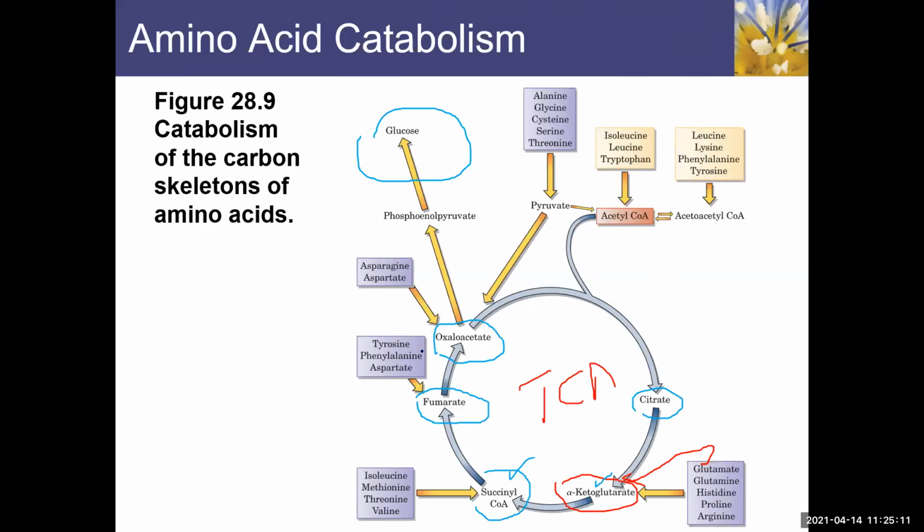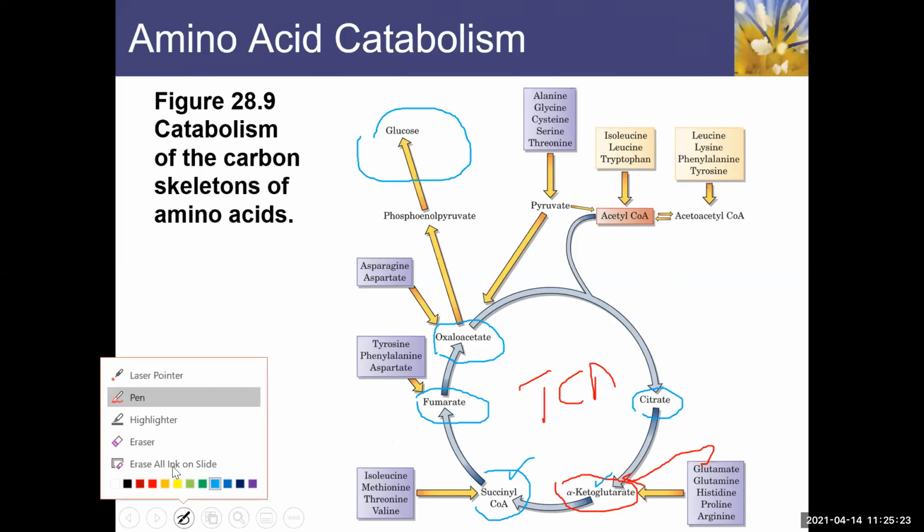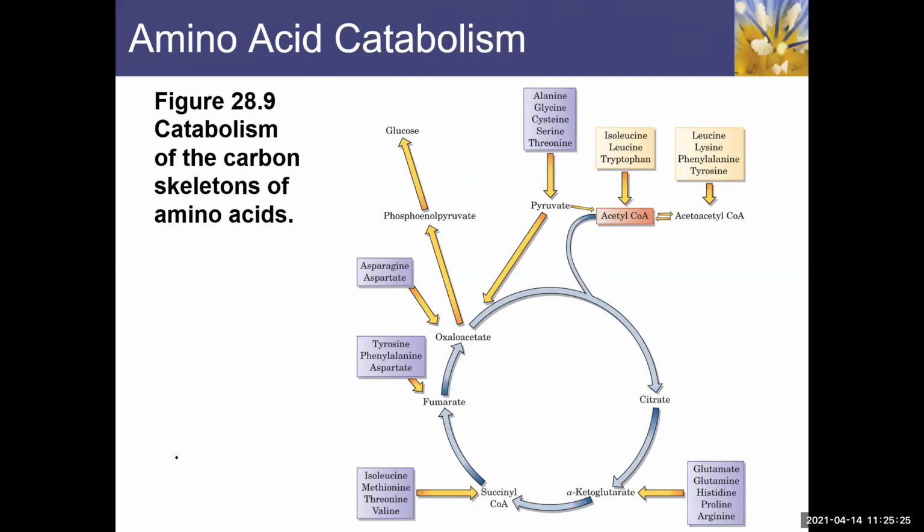That means if you see in this diagram, if I give you this diagram, can you identify which is the ketogenic amino acid? First of all, you have to know which are the ketogenic ones. We have leucine and lysine.